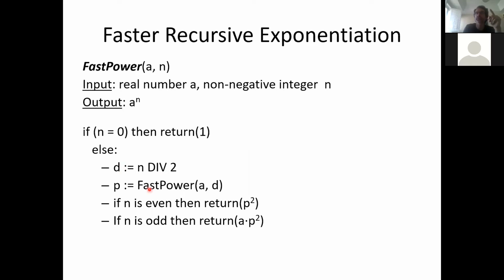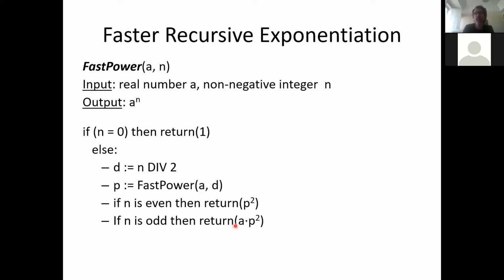Now you run the recursive algorithm power on this half-size exponent d, and when this recursive call to the same algorithm returns a value, you return in 2 cases. If n was even, then you square the result, and if n is odd, then you square the result and multiply it by 1 more a.